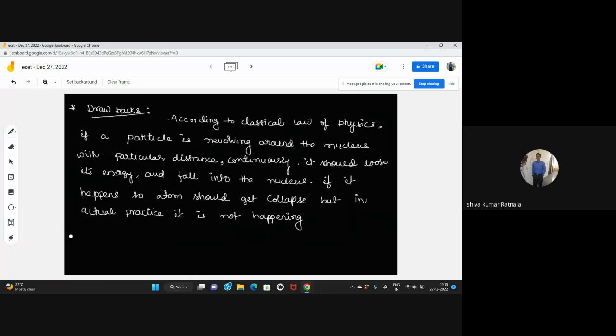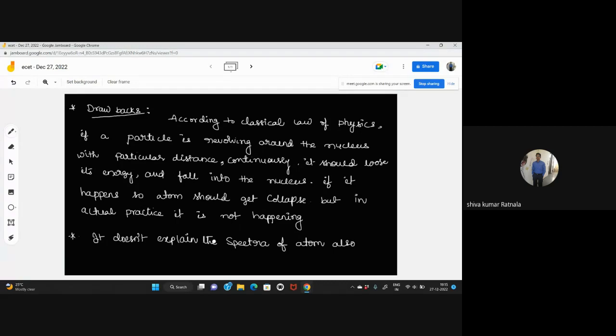And one more point is, it doesn't explain the spectra of atom also.